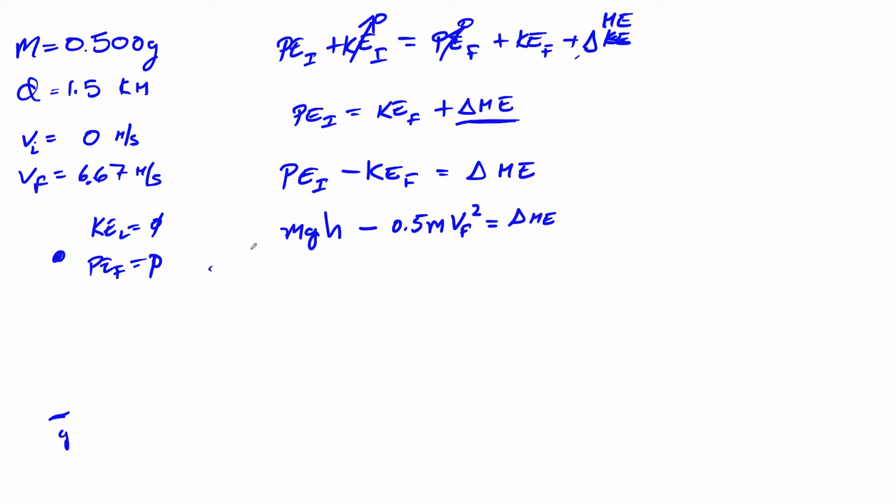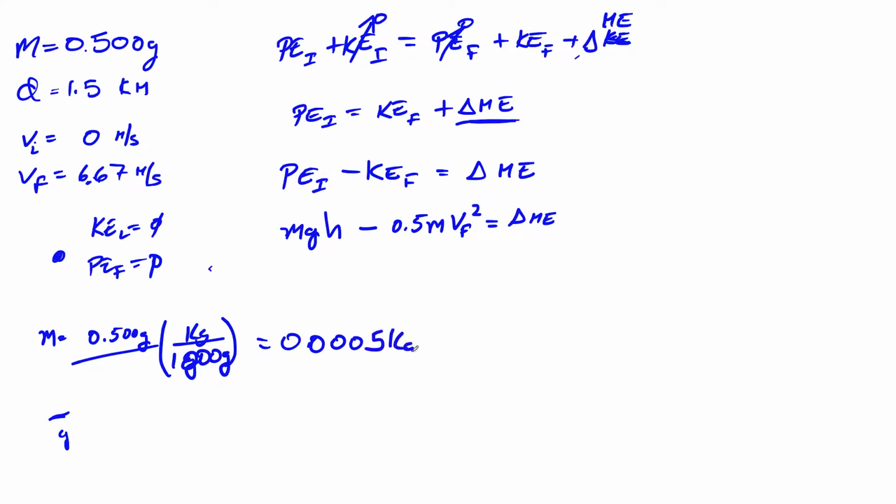Let's look at this. We've got some conversions to do. Mass needs to be in kilograms. The mass is 0.500 grams. 1,000 grams is equal to 1 kilogram, so the mass is equal to 0.0005 kilograms.